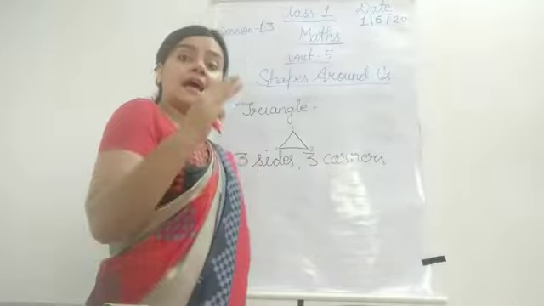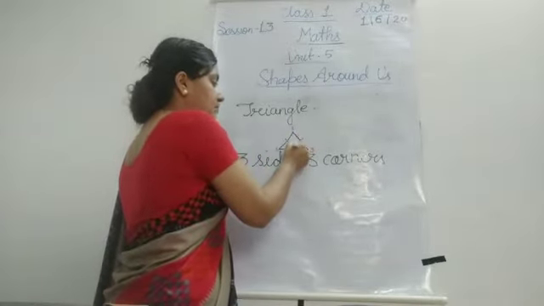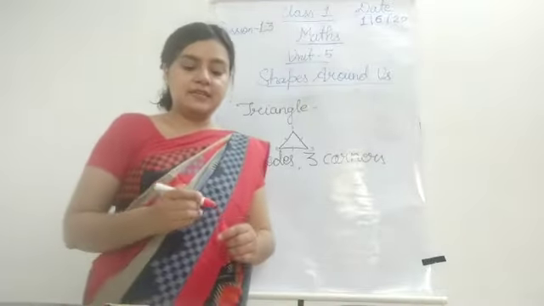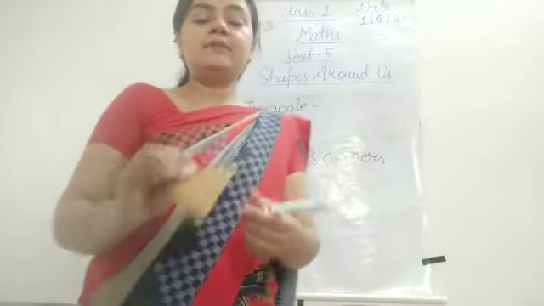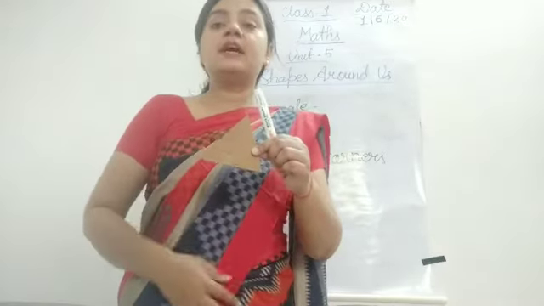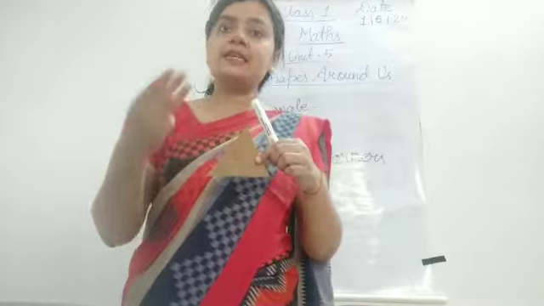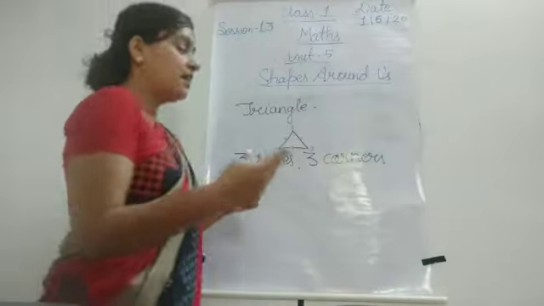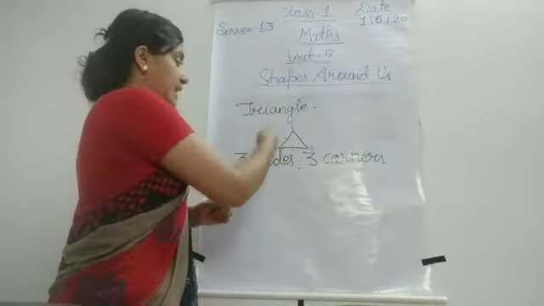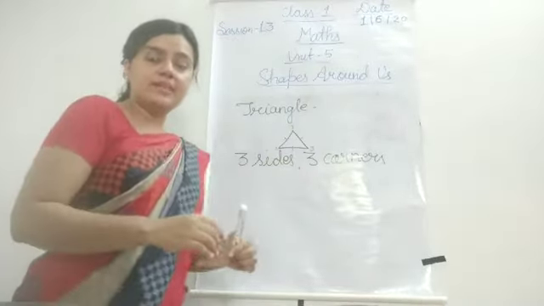Three corners and three sides. Side number 1, side number 2 and side number 3. So about triangle, what can we say? We can say our triangle has three sides and three corners. I hope you are getting me.